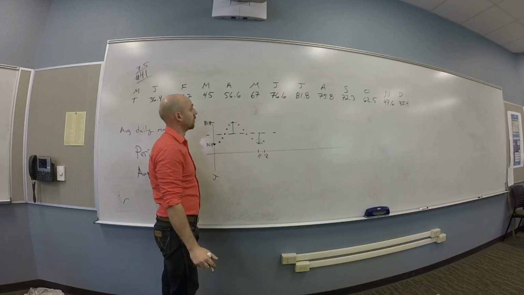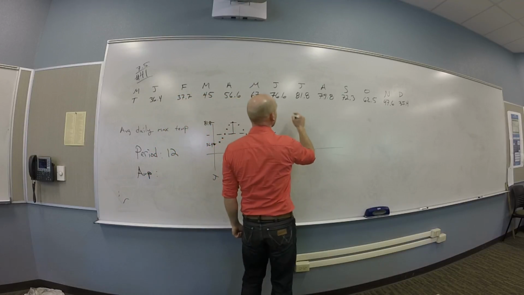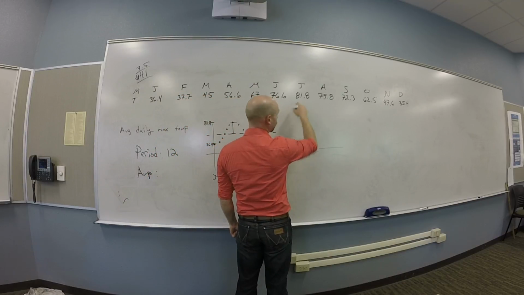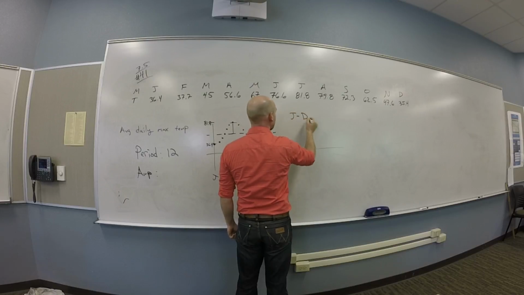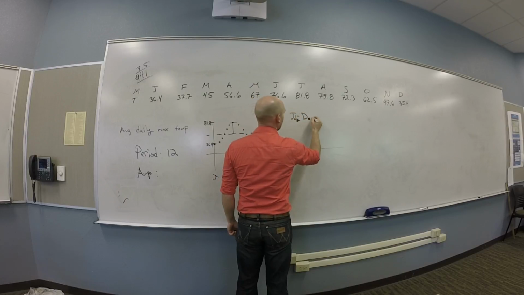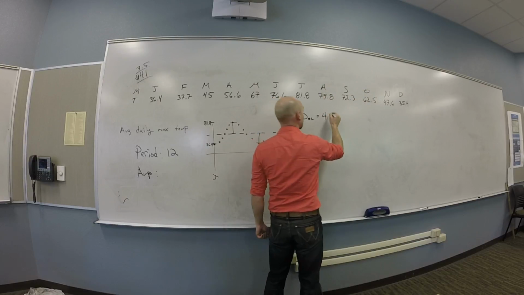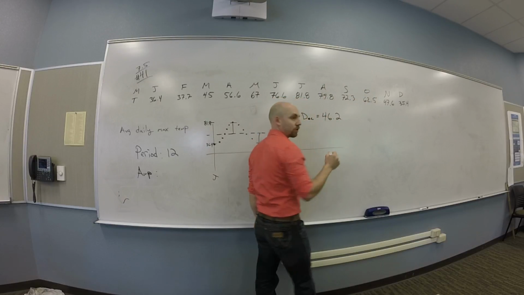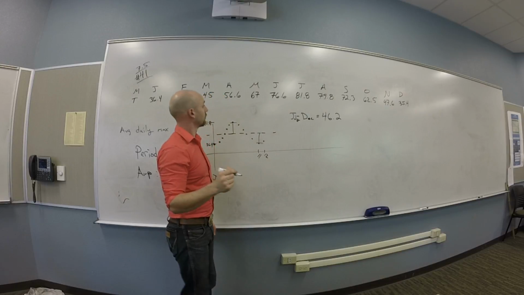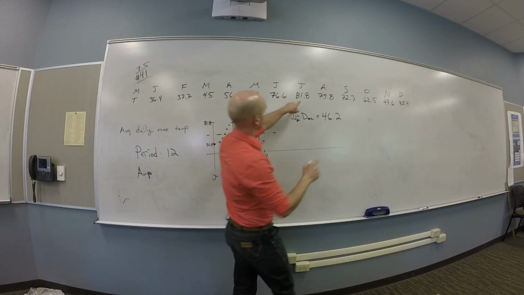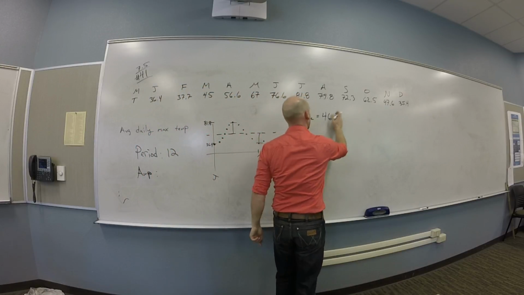46.4. Okay, so that would be what? July minus December. So 23.2. Is it 46.2? 46.2, right? 23.1. Yeah, it'd be 46.4, yes, right. 23.2.